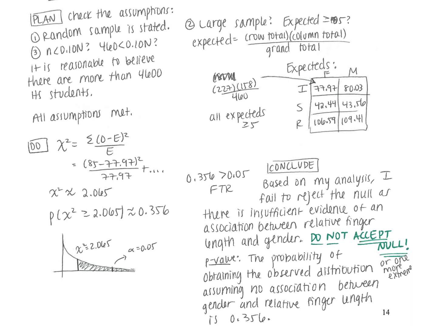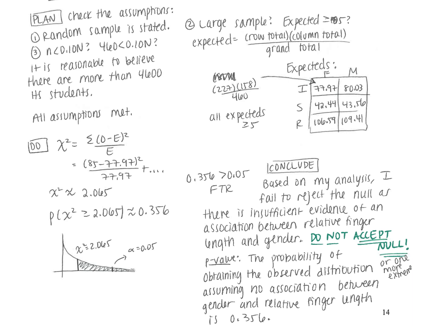Hopefully we compared the p-value to alpha, so we're failing to reject the null, which means there is not enough evidence of a relationship or an association between finger length and gender. I'm occasionally seeing still people accepting the null, so saying, I fail to reject the null, and I believe there is no association. That's not the case.